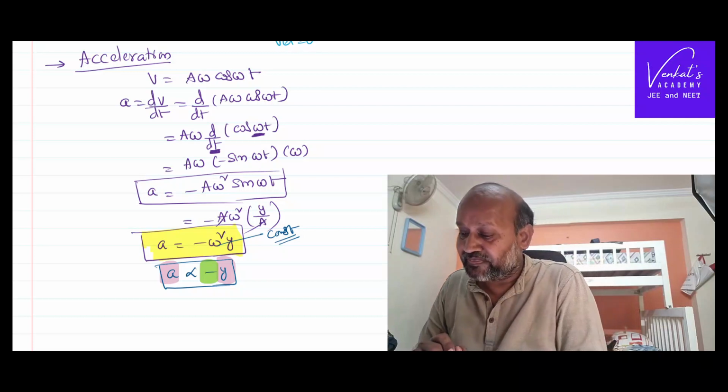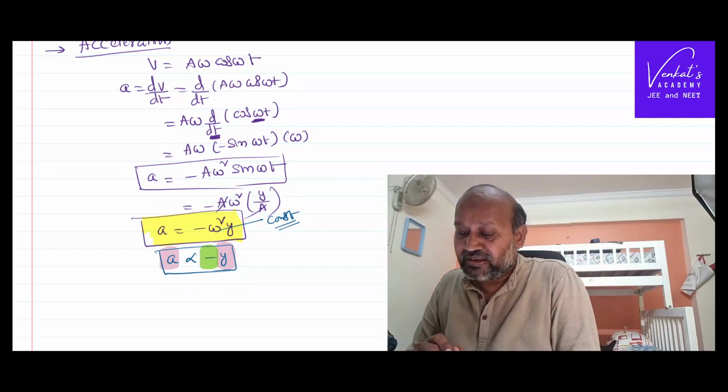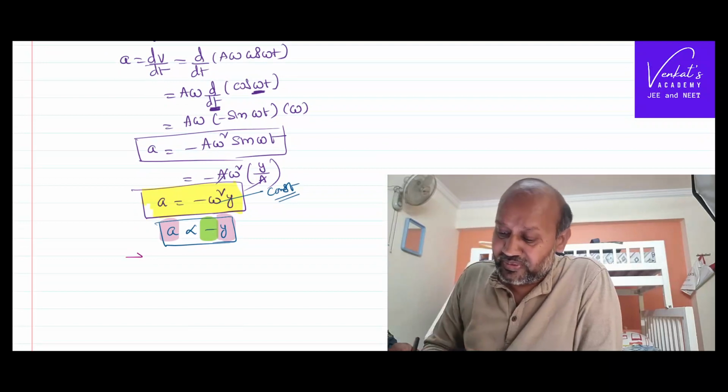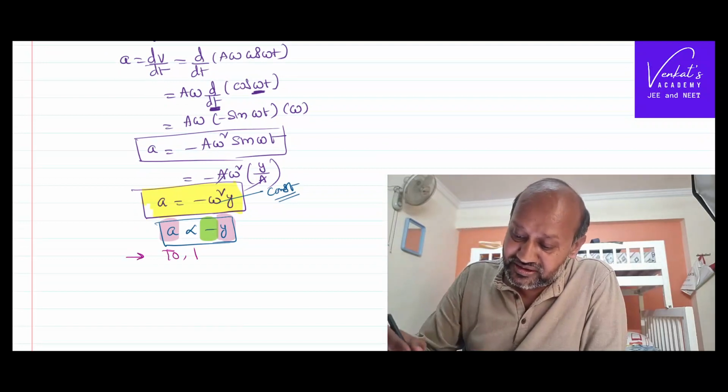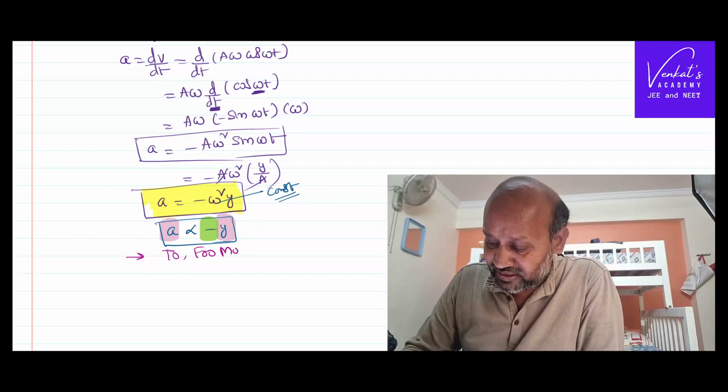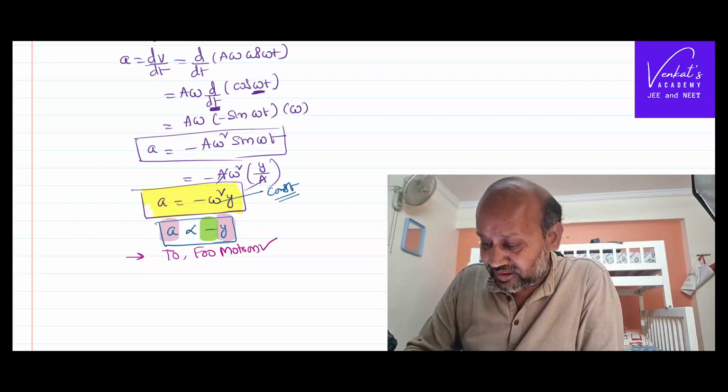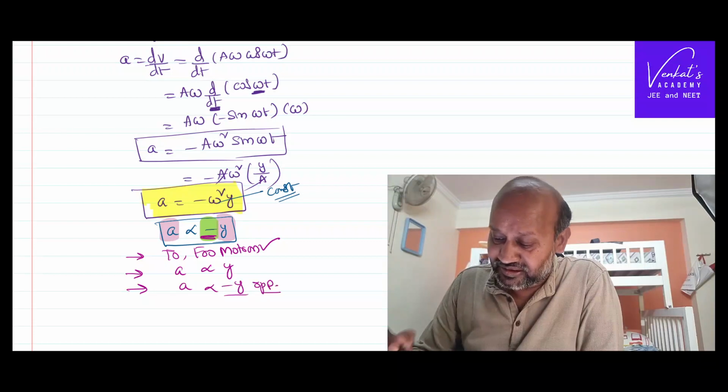Hence, we have satisfied three conditions now. First, we have already proved it as a to and fro motion, the vertical projection of a uniform circular motion. Second, we have proved acceleration is directly proportional to displacement. Third, we have proved that the negative sign indicates it is in the opposite direction.